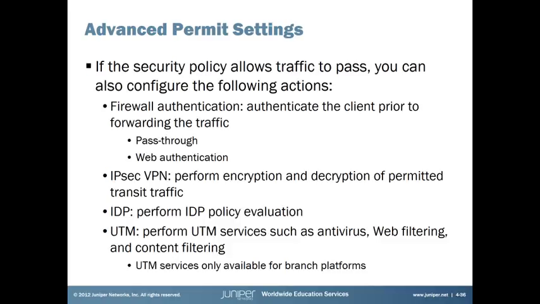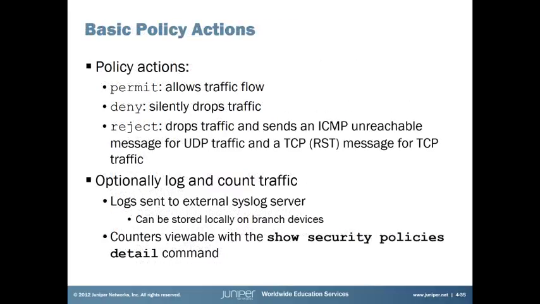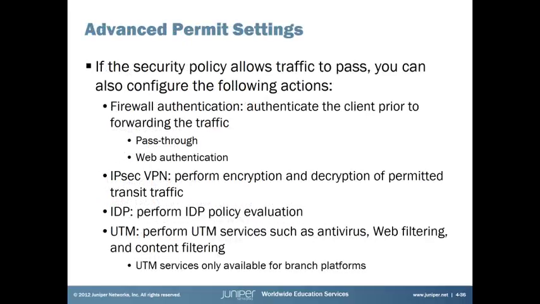So basically these are the action permit and object. What we can do with permit, we can then feed the traffic through or feed that into another process with our permit. So we can configure firewall authentication, authenticate the client prior to forwarding the traffic. What that does, it says, okay, I'm going to permit the connection from this network to a particular server, for example.